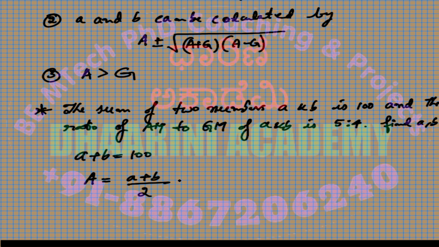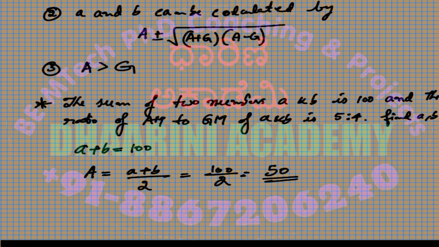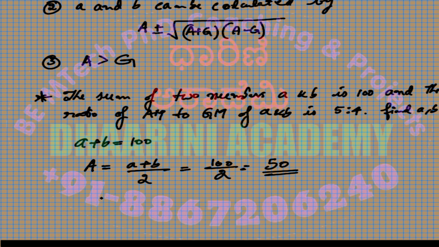So a plus b is 100, so that is 100 by 2. So A is 50. Arithmetic mean we can find that. Okay. Also, they have given another relationship. The ratio of arithmetic mean, that is A, divided by G, is 5 by 4. Correct? So find G now.